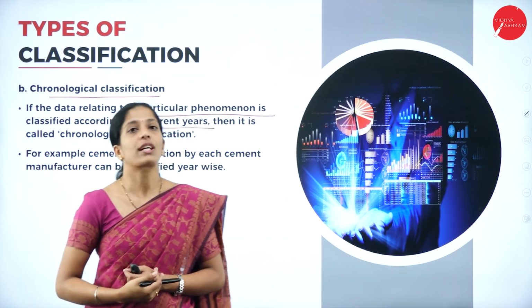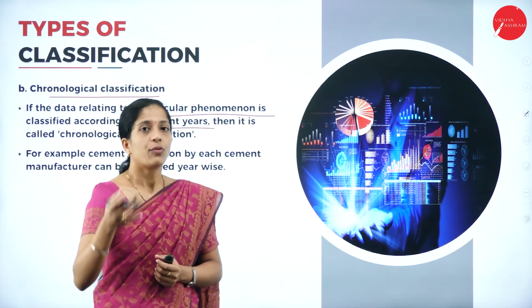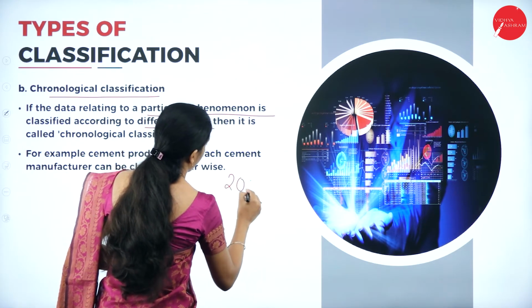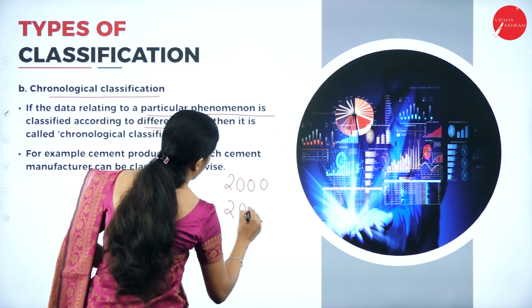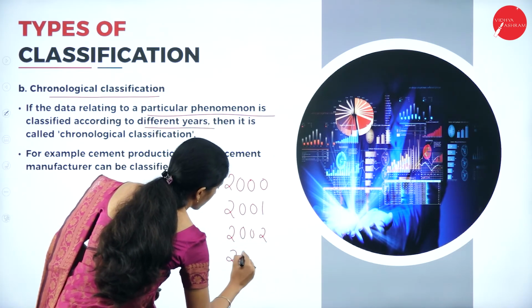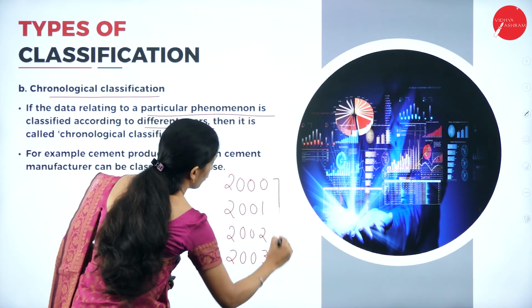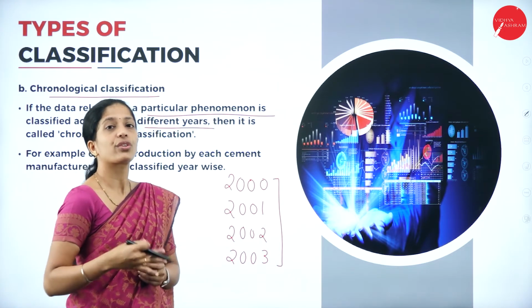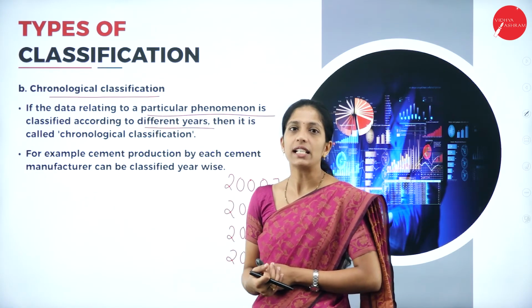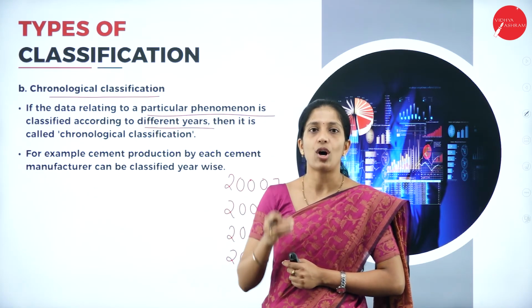For example, I want to collect the data of various years from 2000. So I will collect from 2000, next from 2001, next from 2002, next from 2003, like that in chronological order I am going to collect the data. So that is known as what? Chronological classification, based on some order.